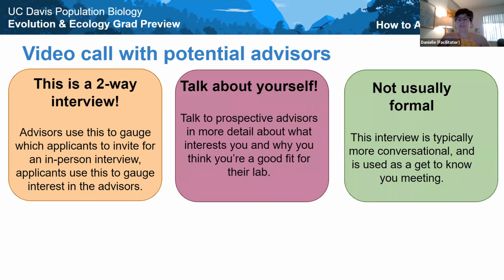And remember, this interview is not usually super formal, and the talk should be conversational. It's a good get-to-know-you meeting where you can both learn more about each other and your shared interests. Here you can talk about any projects that they are doing or any announcements they had, such as funding on their websites, or any papers that they've recently published.